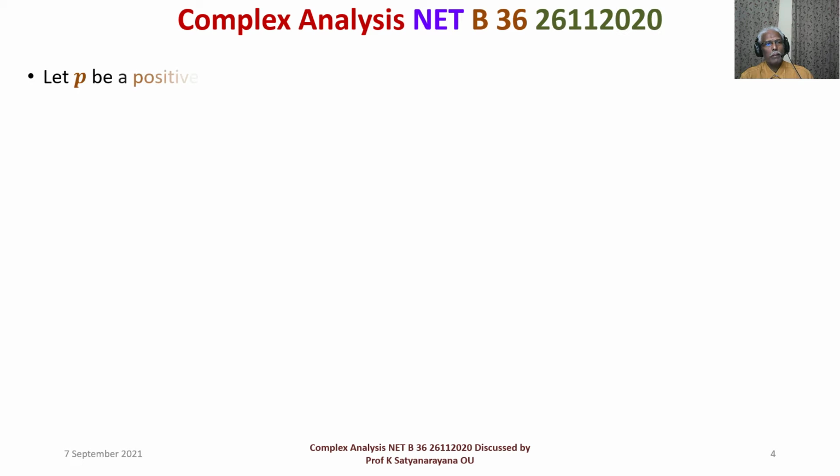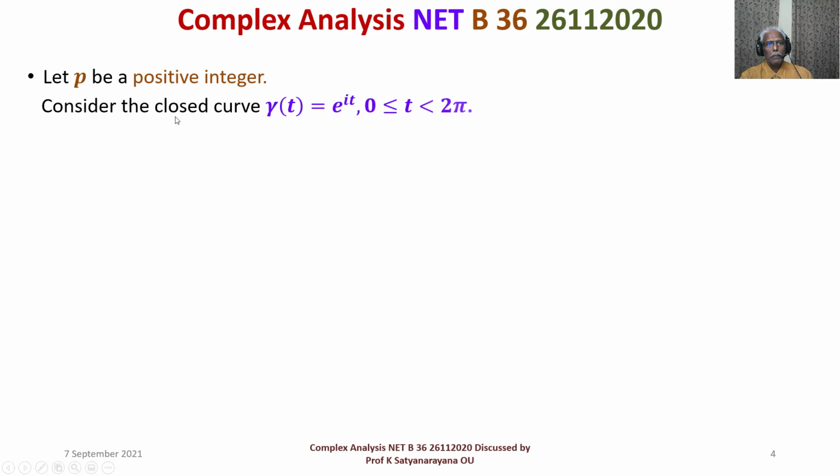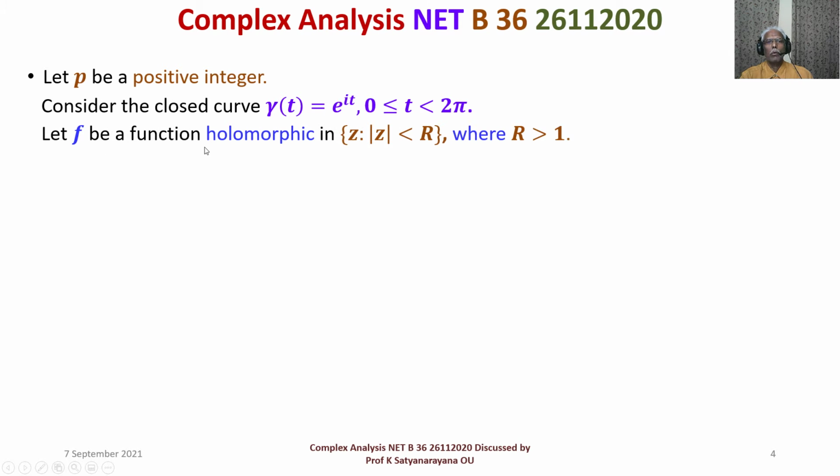The problem is: let p be a positive integer. Consider the closed curve gamma(t) = e^(it), 0 ≤ t < 2π. Let f be a function holomorphic, that is analytic, in the set of all z such that |z| < R, where R > 1.